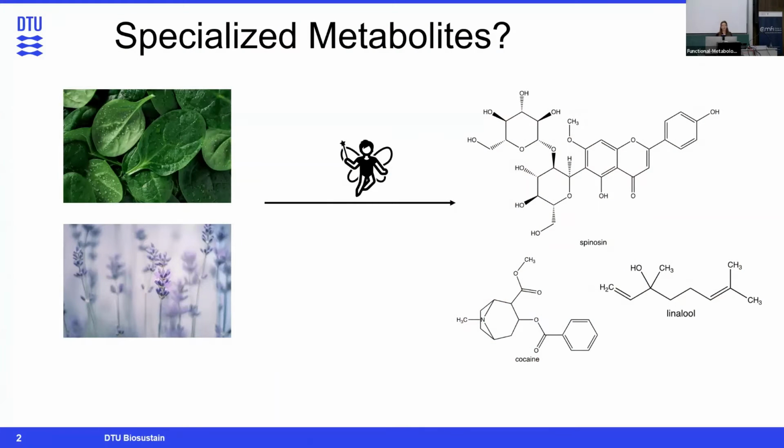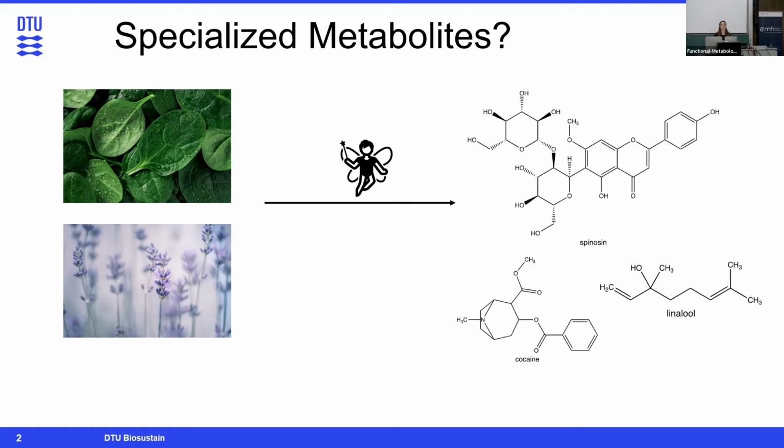Even though we think that specialized metabolites sometimes are magic, they are actually an ecological response, produced by the metabolism of the organism, any organism really, which produces very cool compounds such as spinosyn, cocaine, which you've all heard about, and linalool.